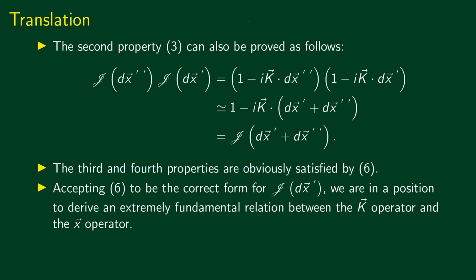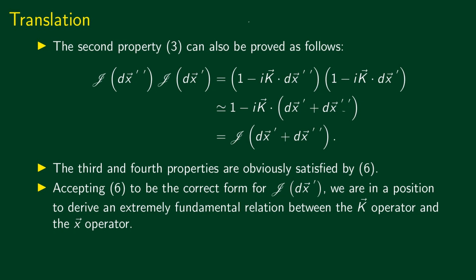You just write down the form of the infinitesimal translation operator that we wrote down. This is 1 minus ik vector dot dx vector double prime multiplied by 1 minus ik vector dot dx vector prime. And in multiplying, we neglect any higher order terms in dx vector prime. So this becomes 1 minus ik vector dot dx vector prime plus dx vector double prime. Now what is this? If this is j of dx vector double prime, then this is j of dx vector prime plus dx vector double prime.